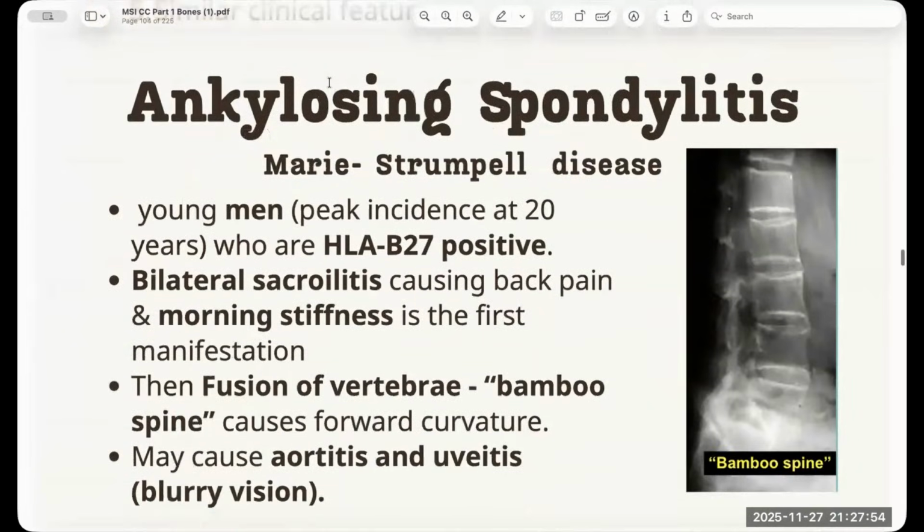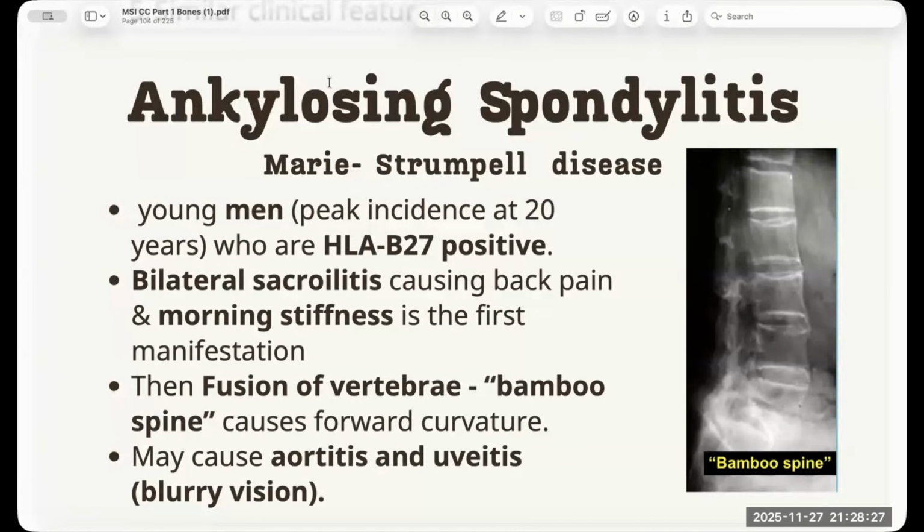First of all, ankylosing spondylitis, which is also called Marie-Strumpell disease. No idea why it's called like that. First time hearing it, to be honest. I do not remember, but thought I should mention it. It happens in young men, peak at 20 years, who are again HLA-B27 positive. Keep mentioning it in every disease of the spondyloarthropathies. Why? So we can memorize it.